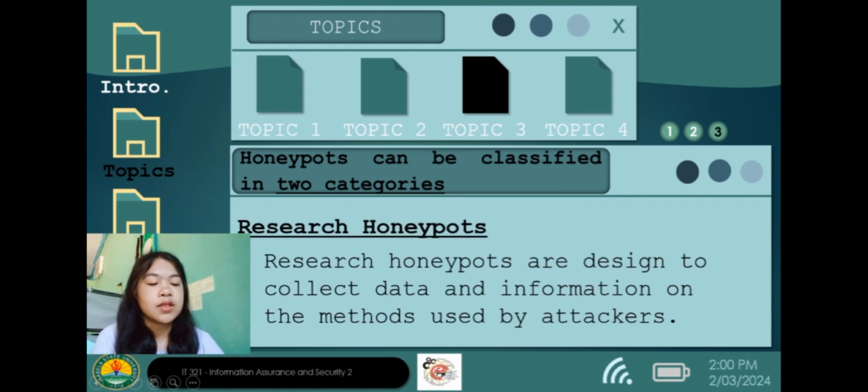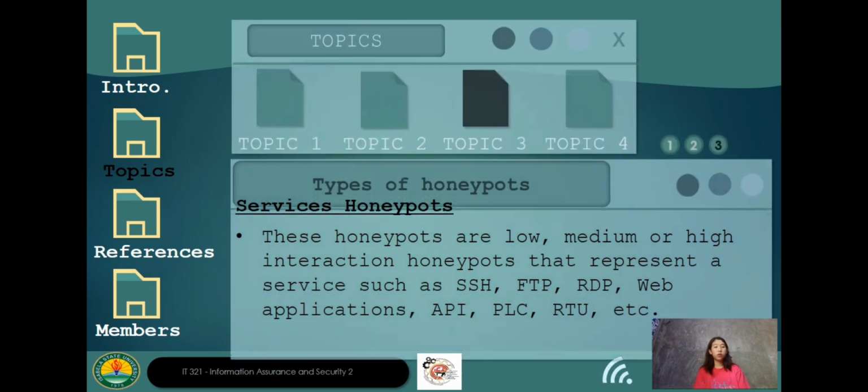The second one is the research honeypots. Research honeypots are designed to collect data and information on the methods utilized by the attackers in a controlled and monitored environment, and are typically isolated systems specifically set up for studying cyber attacks.